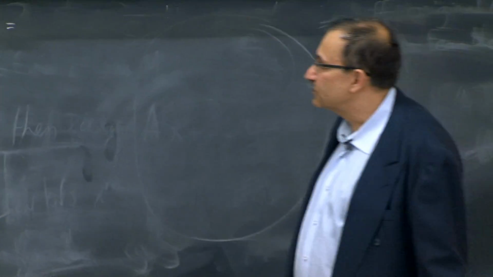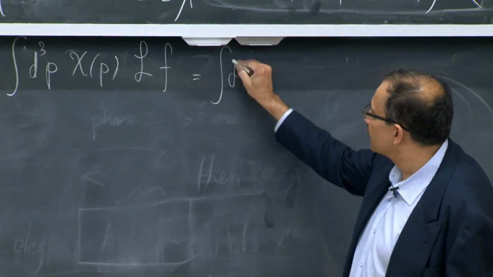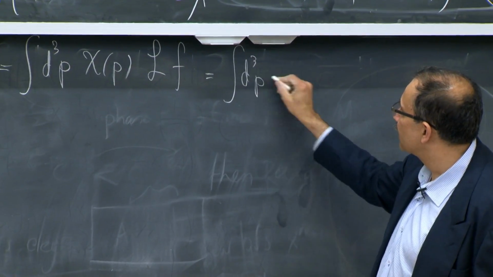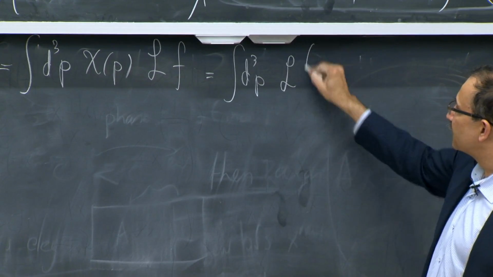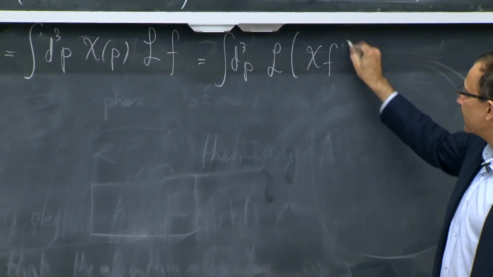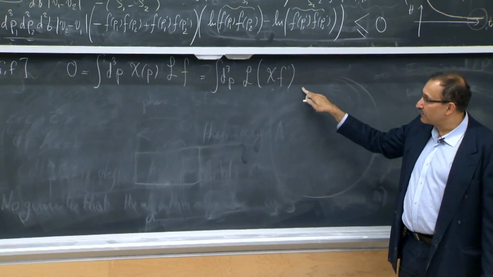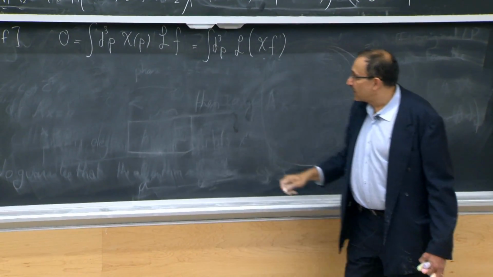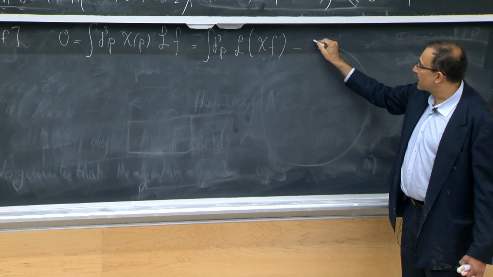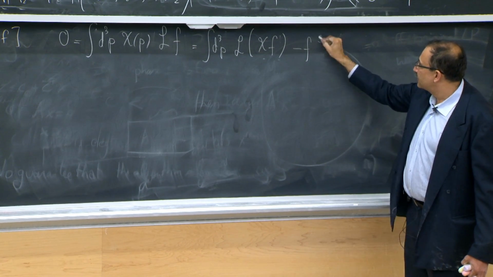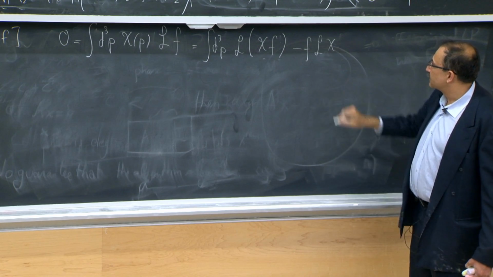And so I can use the following result. I can write the result as this derivative acting on both chi and f. And then I will get chi prime f plus f chi prime. Chi f prime I have, so I have to subtract f L acting on chi.